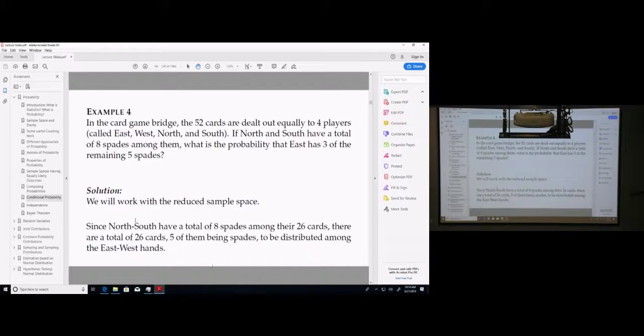Okay. Now in a card game of bridge, if you know it, then you will appreciate that this kind of question is very important when you are dealing a card. The 52 cards are dealt out equally to 4 players, so everyone will have 13 cards.